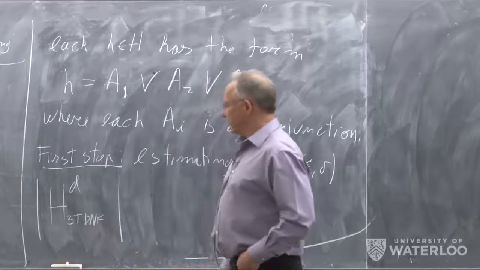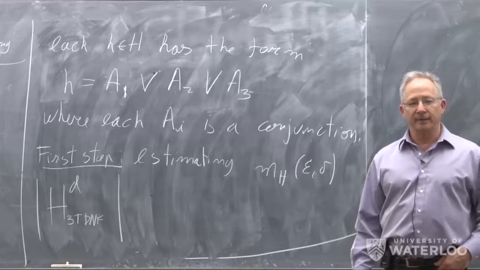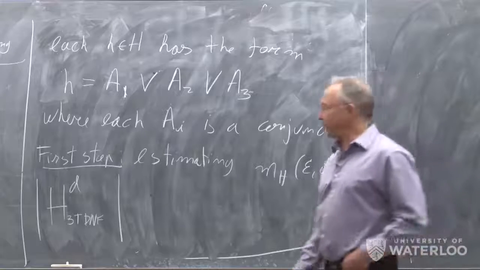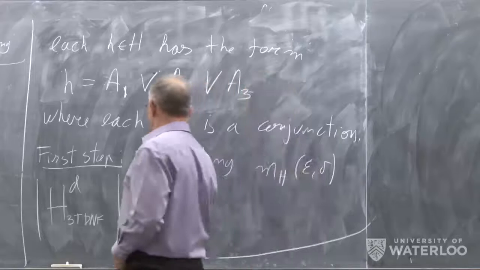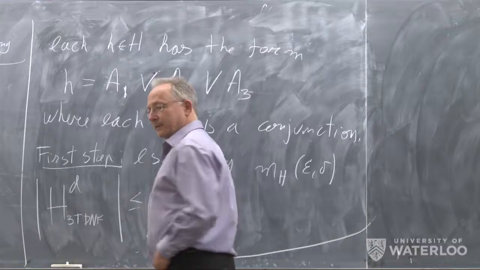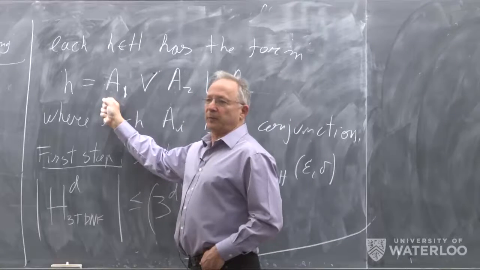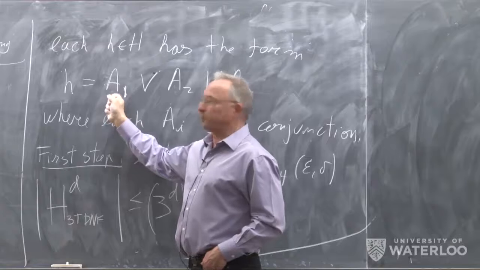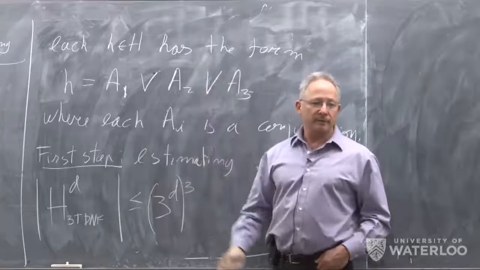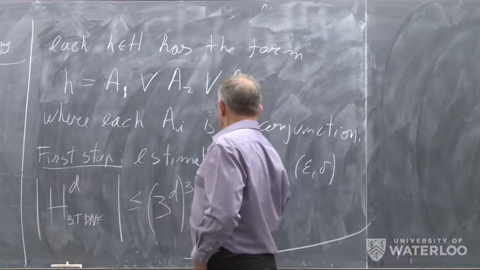What do you suggest? 3 to the power d cubed. Right. We had 3 to the power of d before, so this is at most 3 to the power of d cubed? Because for each of those I have at most 3 to the power of d options of what to pick, and then I repeat this pick 3 times. So this is at most 3 to the power 3d.